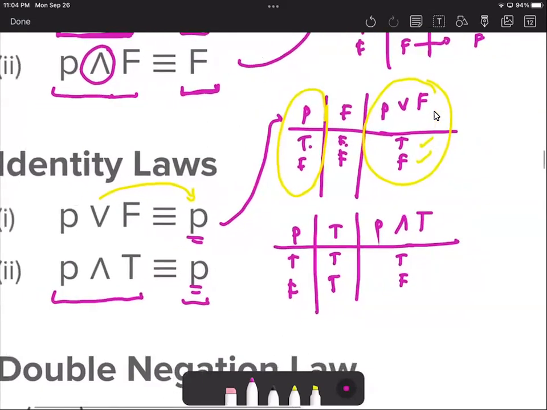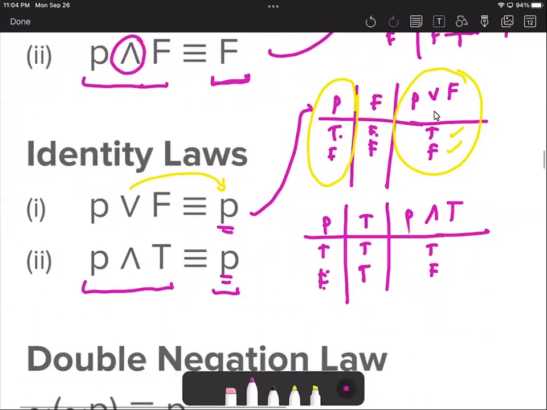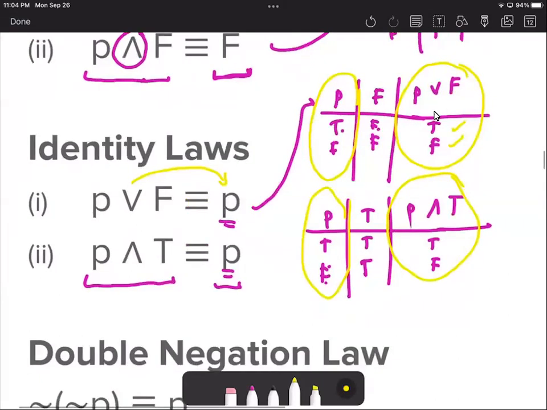This is false because of the presence of false in here. Okay, and we can see that the truth values of P, true and false, is similar to the truth values of P and true. So we can say that this identity law is valid and correct.